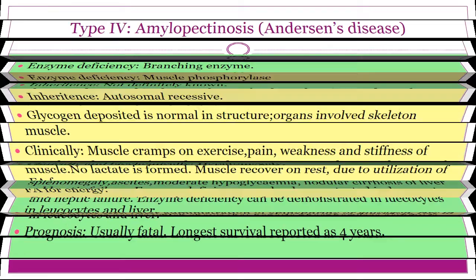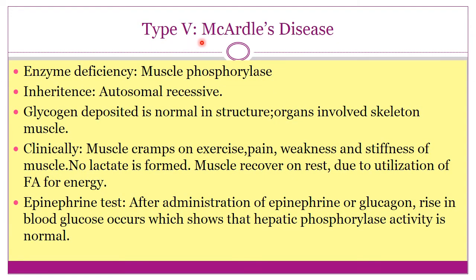Now we come to the 5th type, McArdle disease. The enzyme deficiency is muscle phosphorylase, the first enzyme of glycogenolysis. Inheritance is autosomal recessive.